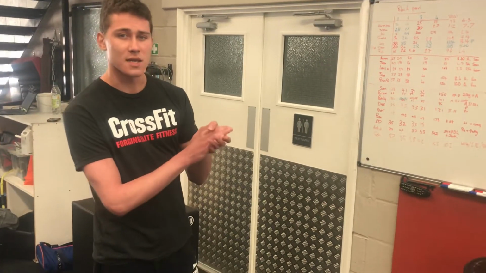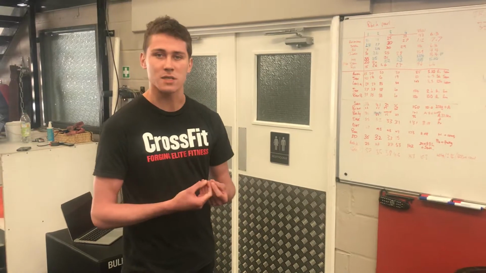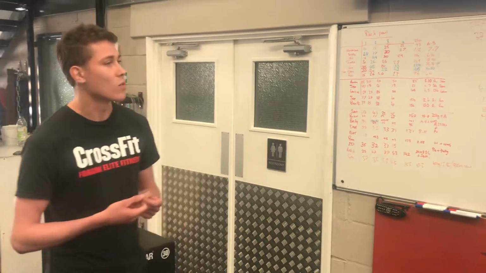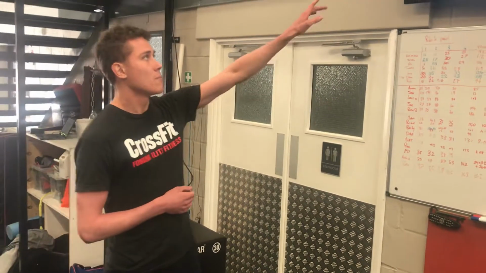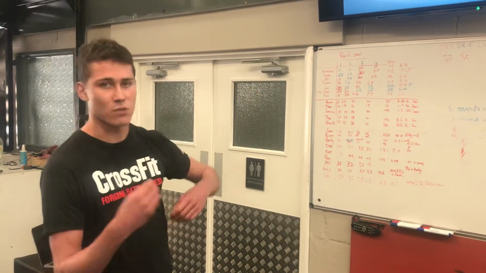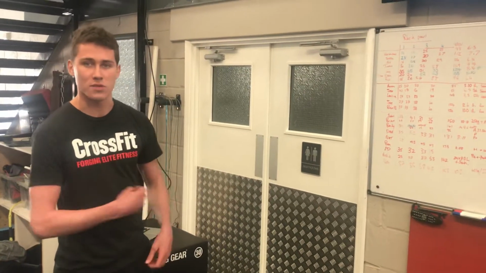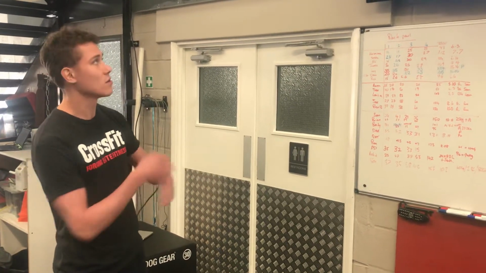VO2 max is a metric of how much oxygen our body is using when we're working at maximum exertion. We quantify that in milliliters of oxygen per kilogram of body mass in 1 minute. So it's a time metric of how much oxygen our muscles are using in the space of 1 minute.